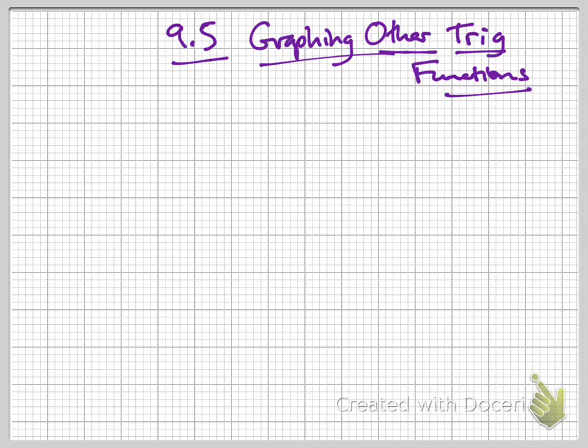And this can get a little spicy here because we're looking at a tangent and cotangent function, which end up having quite a few asymptotes.